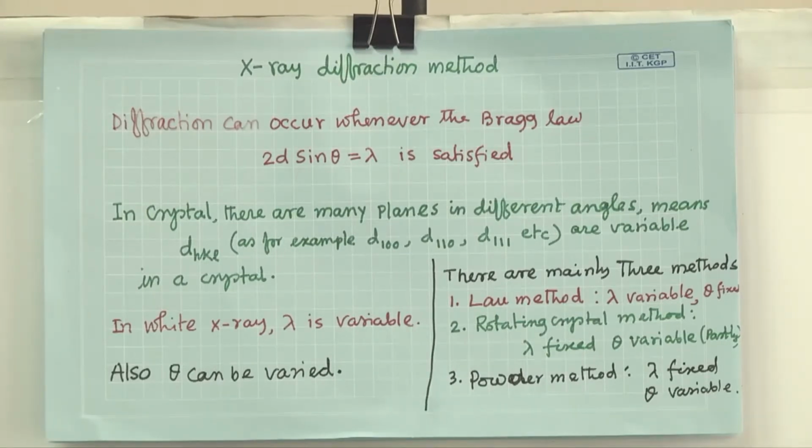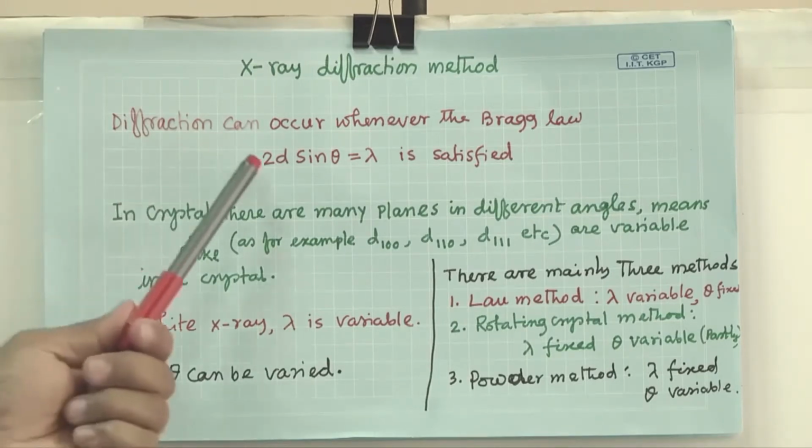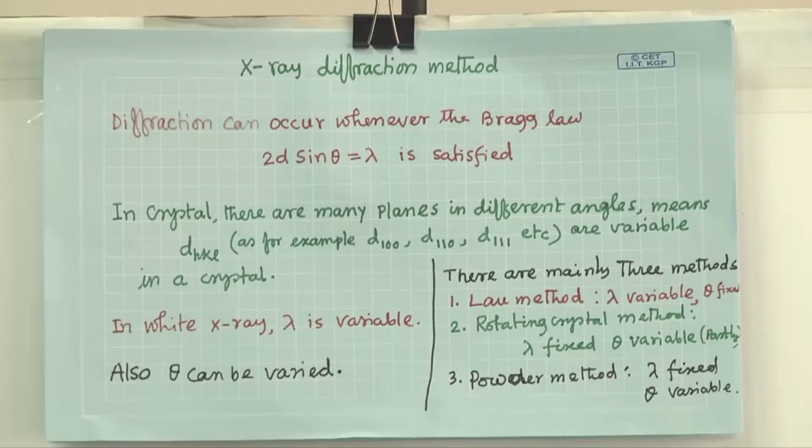So you can choose a particular d. Theta is basically the angle of the incident X-ray with the surface of the sample, and we can have a provision to vary the angle theta.